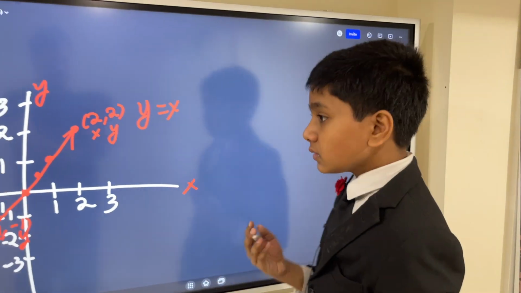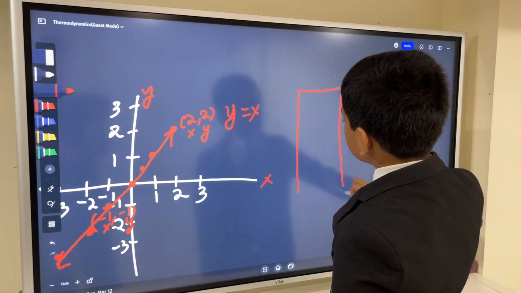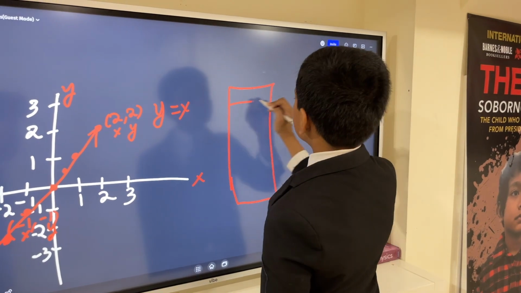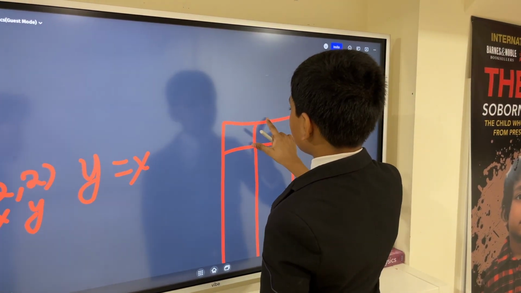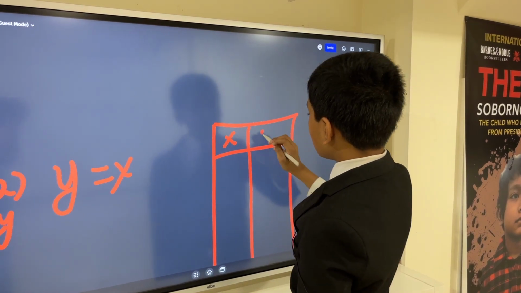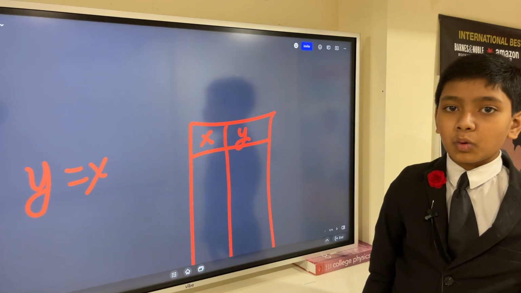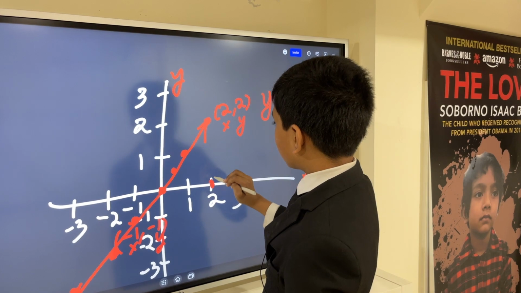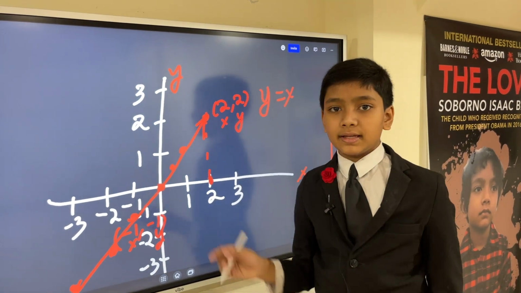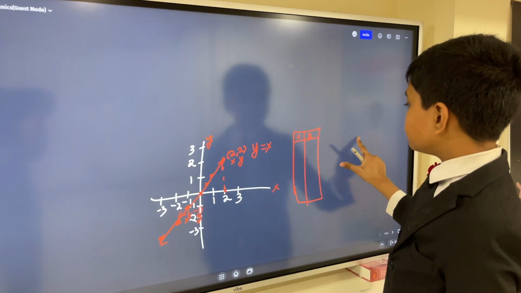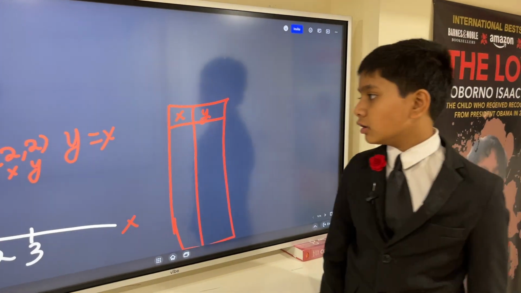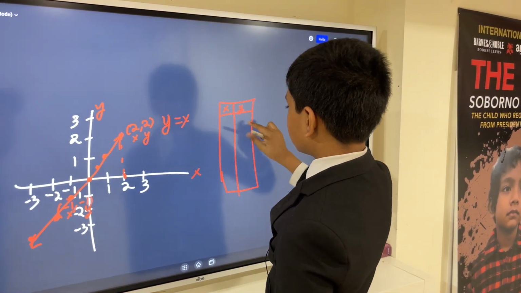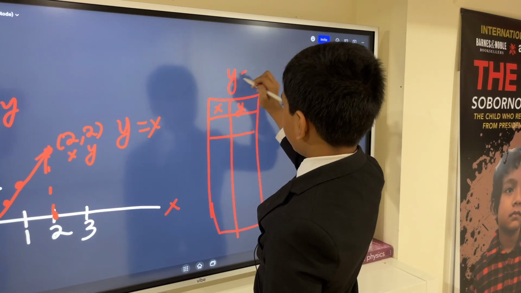Some people, when they're graphing functions, might want to make a little table out of it first. This shows you the x of a function and the corresponding y, so at some x value, what the y value of the function is. Let's do it for y equals x.